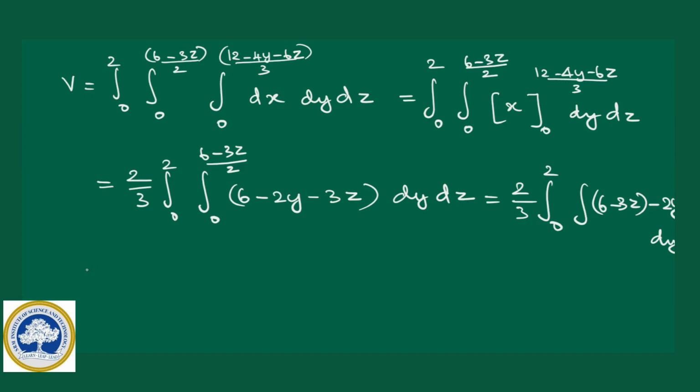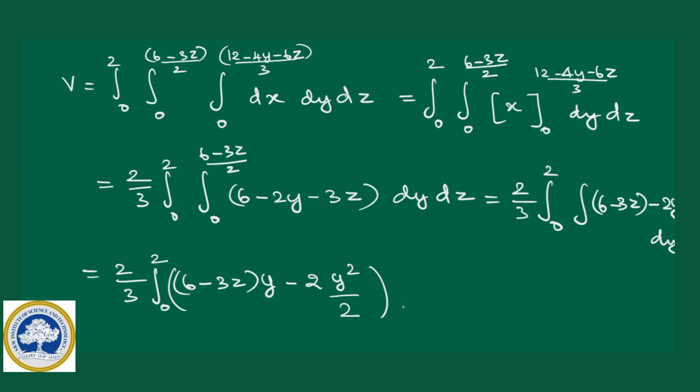So this becomes 2 by 3 integral 0 to 2. So 6 minus 3z becomes constant when you integrate with respect to y. So this into y, first part, minus 2 into the integration of y, which is y square by 2. So this is the integration of 2y, and then you put the limit, upper limit minus lower limit, and then we are left with dz.